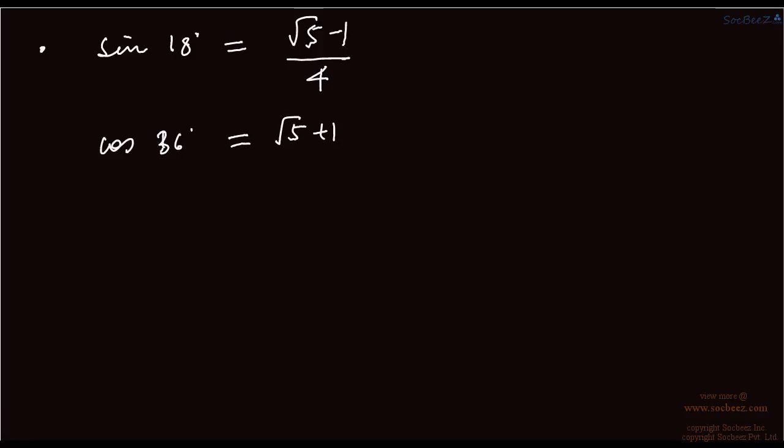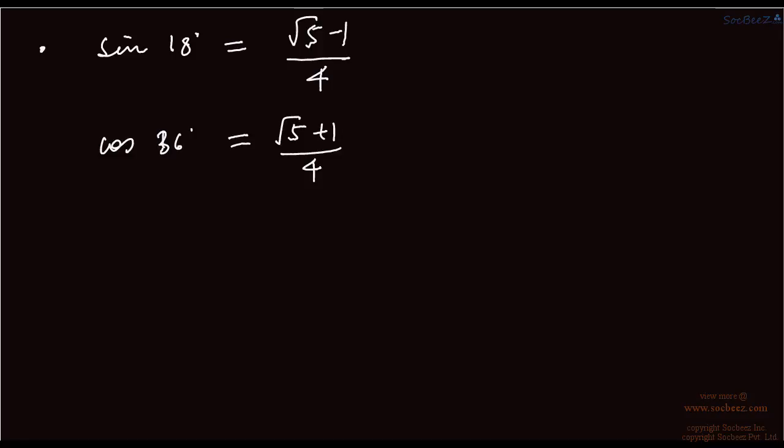Now we'll move on to 18 degree angles. Sine of 18 degree is root 5 minus 1 by 4. Cos of 36 degrees, I'm sorry, cos of 36 will be root 5 plus 1 by 4.